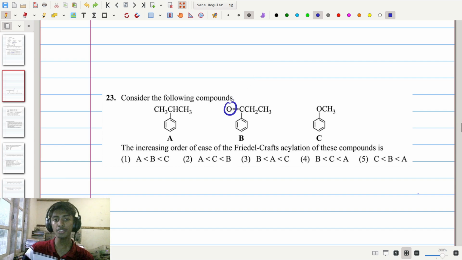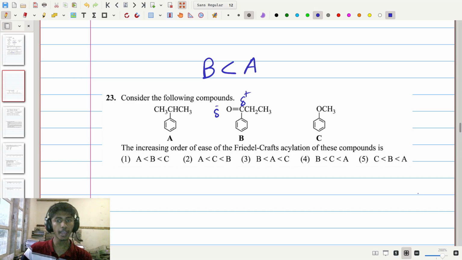So therefore the oxygen here will have a delta minus charge, resulting in the carbon here having a delta plus charge, and this delta plus charge will pull some of the electron density out of the benzene ring. Therefore, the benzene ring here will have lower electron density than the default benzene ring in A. So therefore, B's electron density will be less than A.